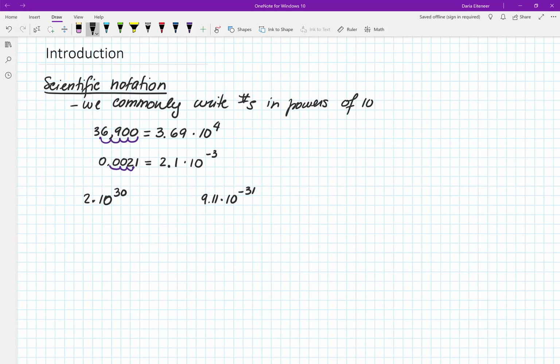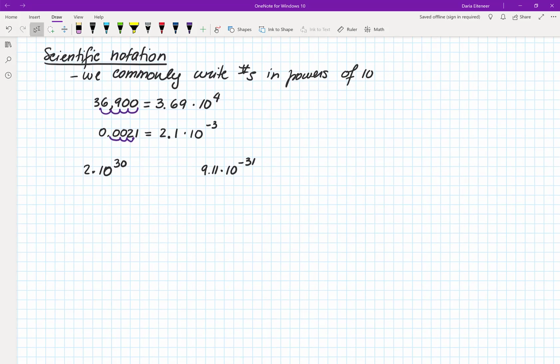Calculations with scientific notation follow calculations for regular numbers. So for example, if you have something like this, let's say 3 times 10 to the power 6 times 3 times 10 to the power 4. Basically, you can plug it into a calculator just like this.